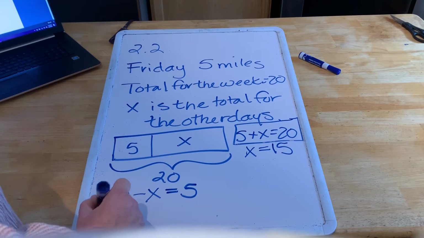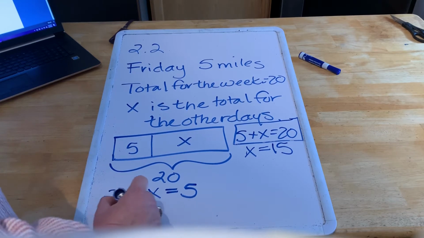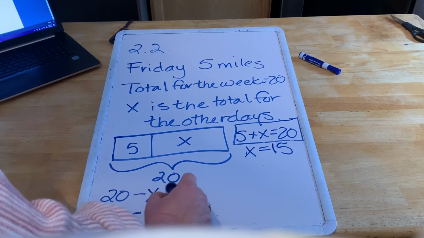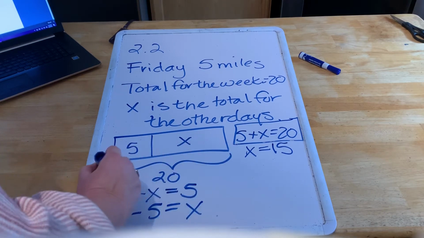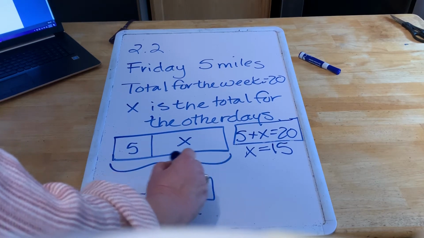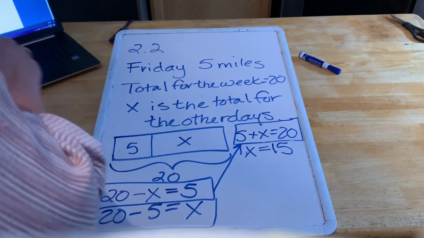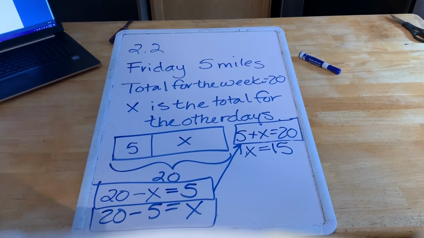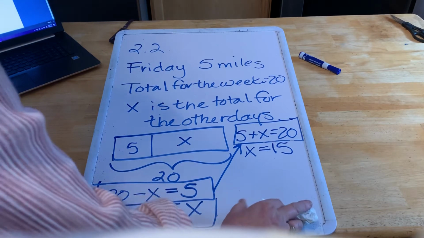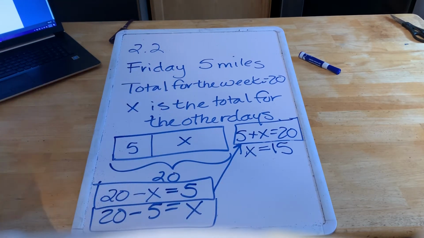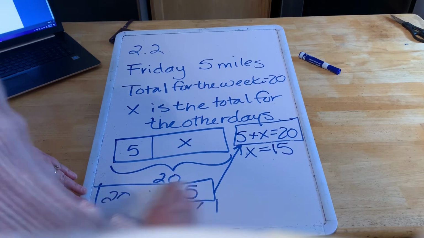That's the commutative property. So 20 minus 5 equals X. Okay, so this is an equation that you could use. This is an equation that you could use, as is that. All right, so that's number 1. Let's take a look at, you got that? Okay, let's take a look at number 2.